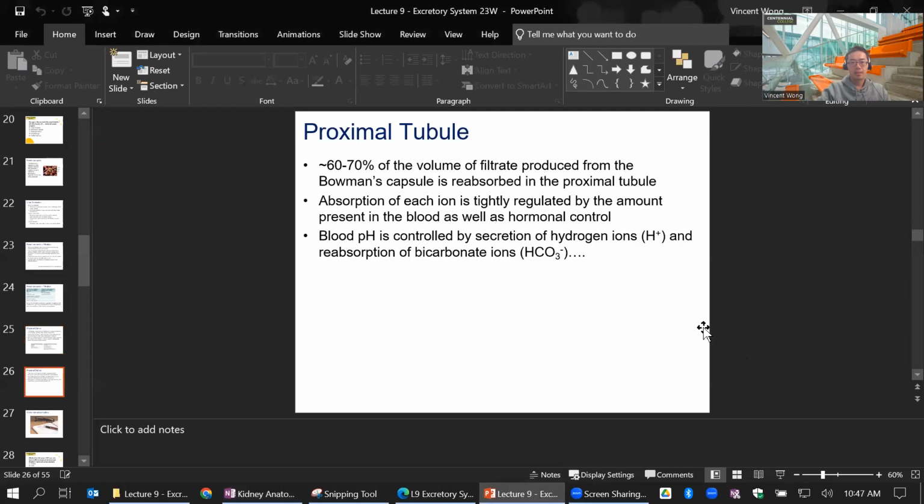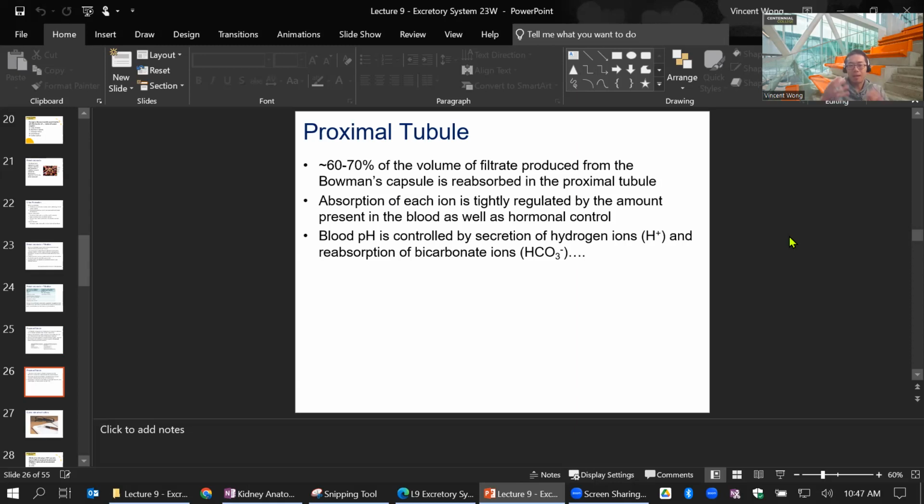Okay, let's see. So 60 to 70% of the volume of the filtrate produced from the Bowman's capsule will be reabsorbed at the proximal tubule. And then absorption is regulated by how much is in the blood currently. Sometimes I already have enough sodium. Maybe you chuck down a bag of chips, and you already have the family size I'm talking about, not those little small ones.